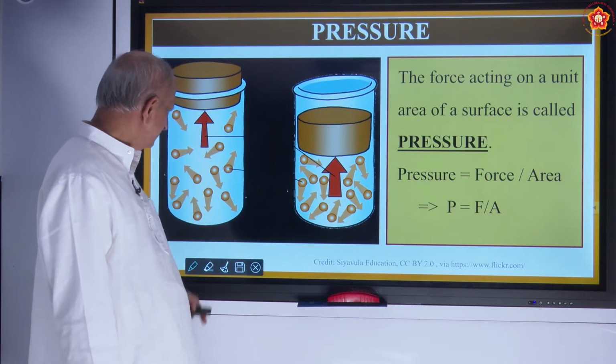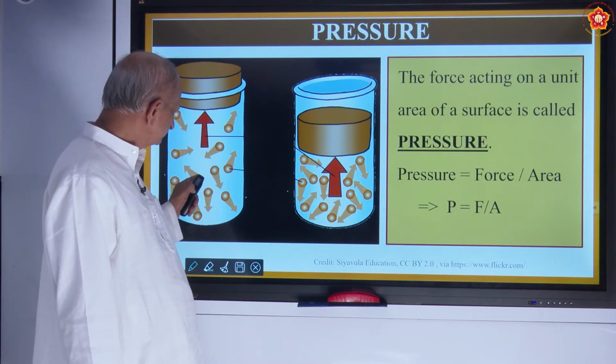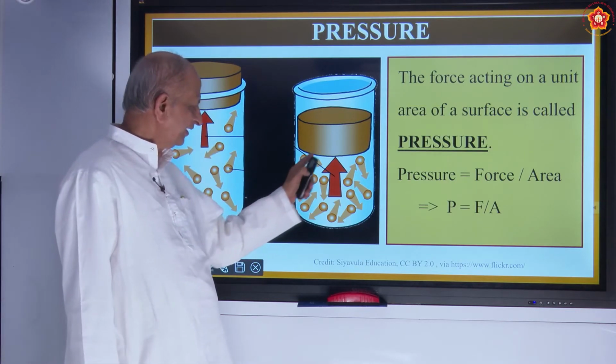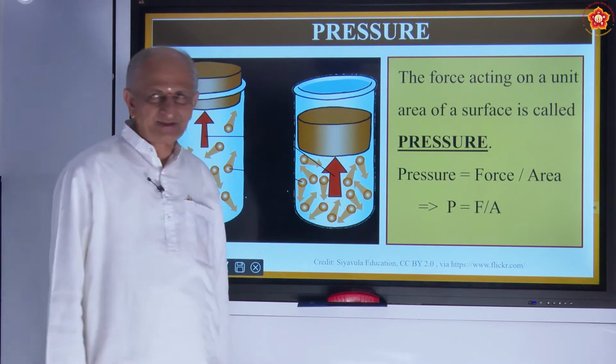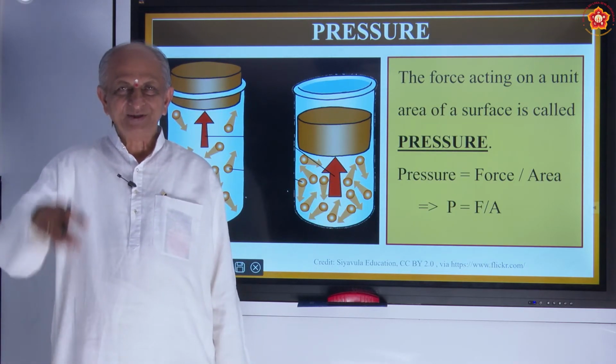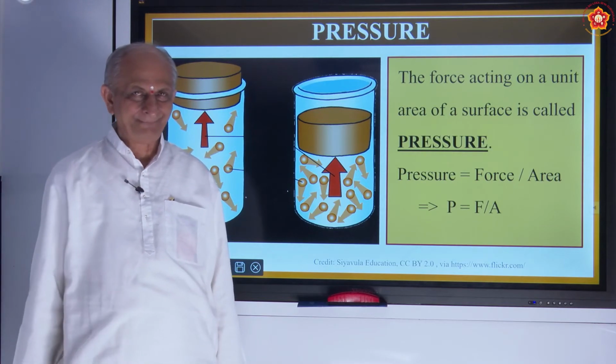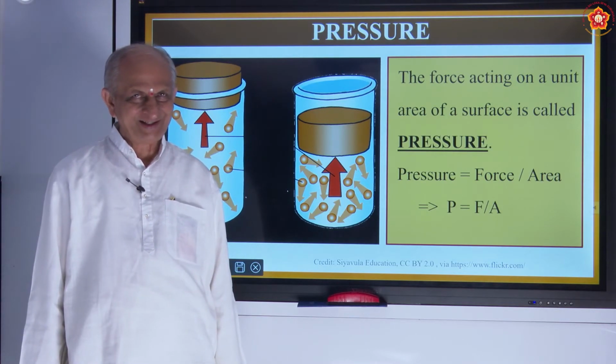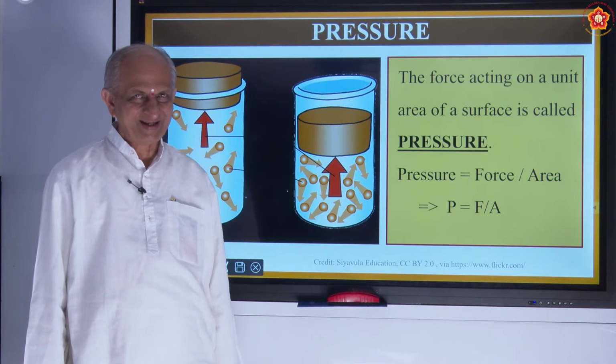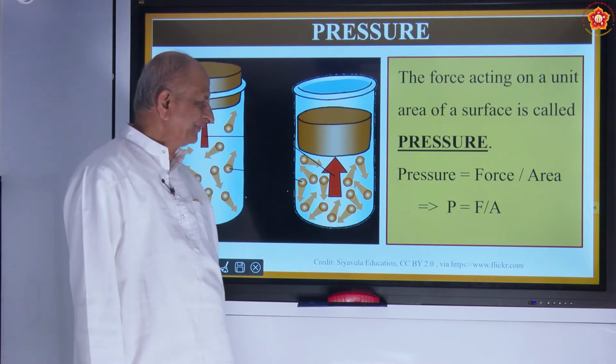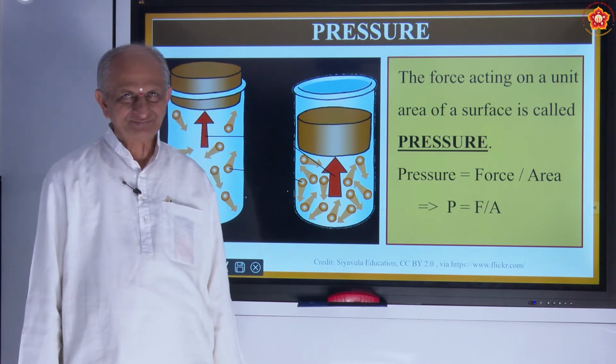What happens? The same molecules become closer. Why do they come closer? Because of pressure being put on them. Are you understanding? Okay.